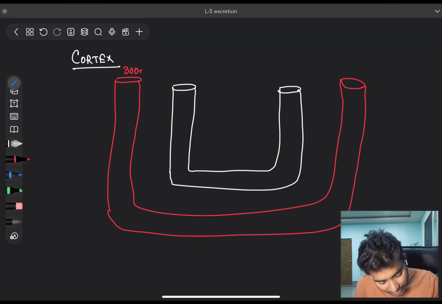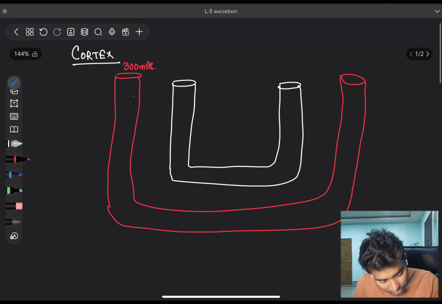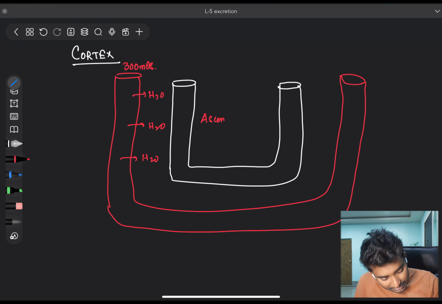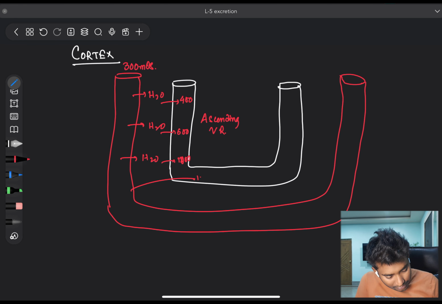So what's happening here? It is 300 milliosmol pressure. Here the water is reabsorbed from this part, and this is the ascending vasa recta. Here it will go to 400, here 600, here 1000, and here up to 1200. Here it's 300, 400, 500, and 600.